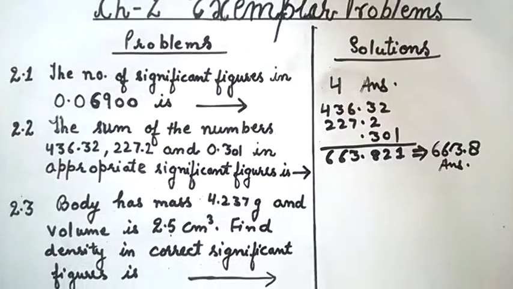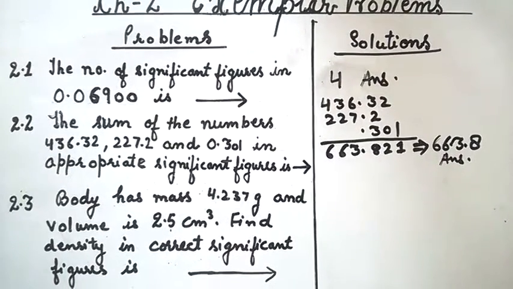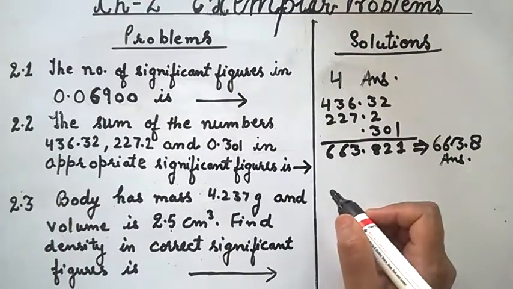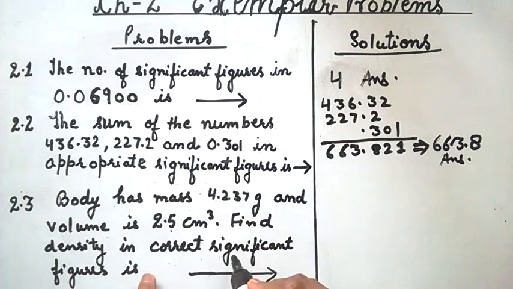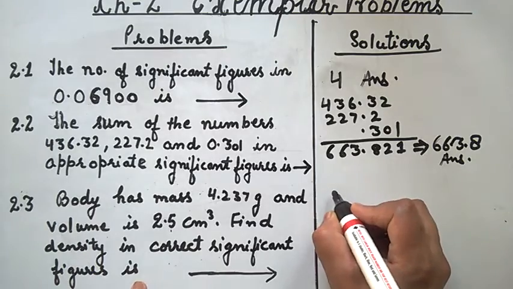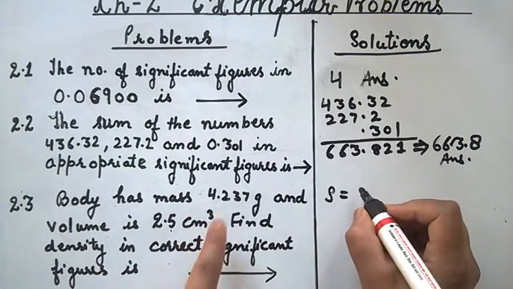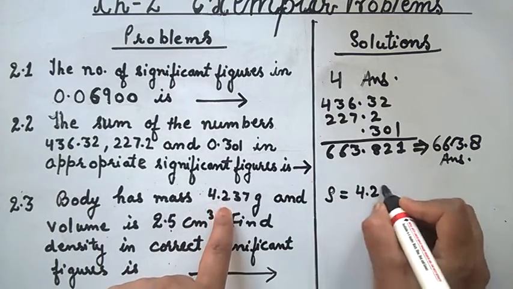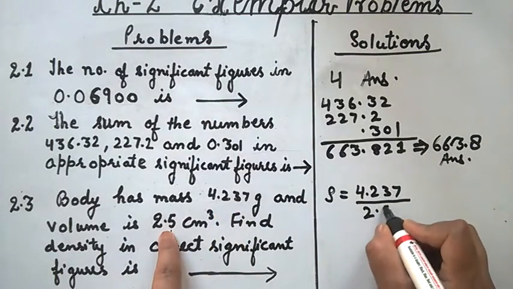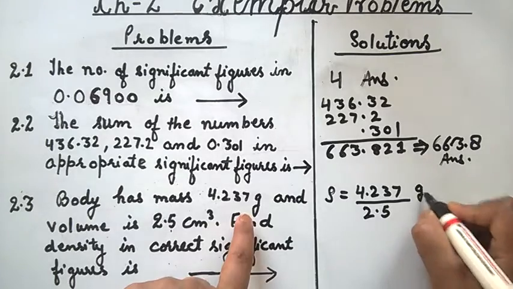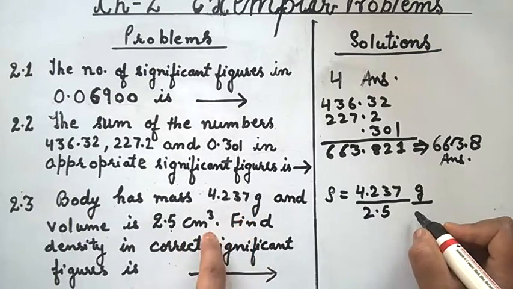Now 2.3. In this question it is asked that if mass is given and volume is given, find density in correct significant figures. So density is given by mass by volume. Units are gram per centimeter cube.